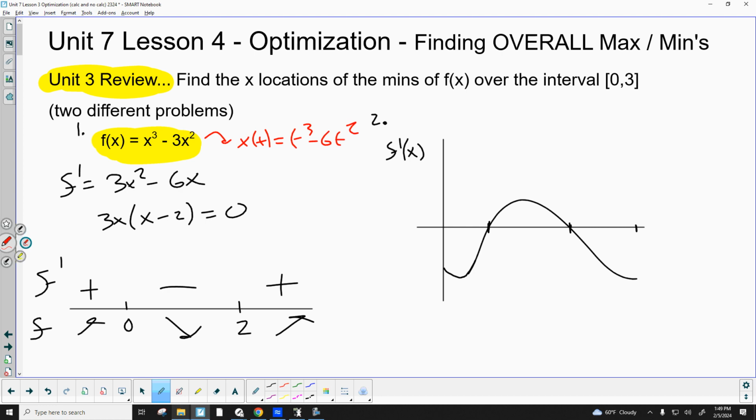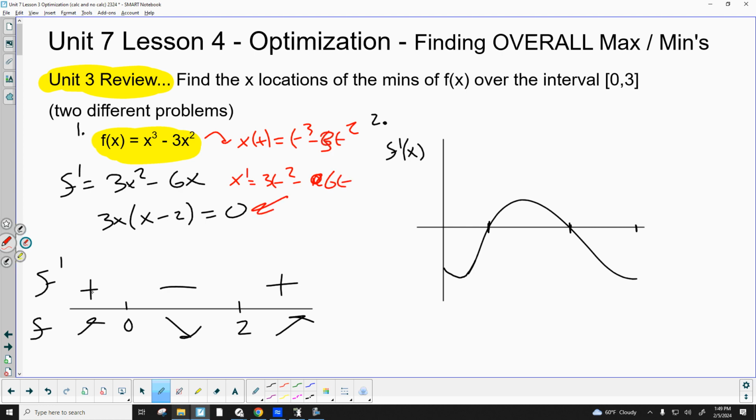How would you find a max or a min of a position function? Of the derivative. Make sure you say of the derivative. The exact same way, guys. If I ask you for a max or a min of a position function, you would do the exact same thing.